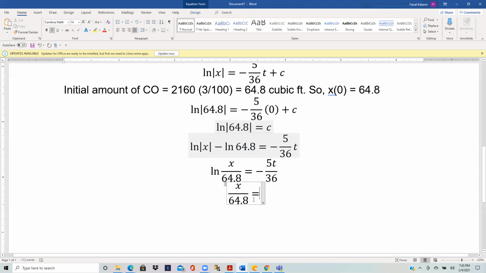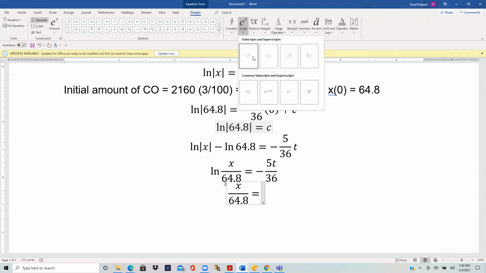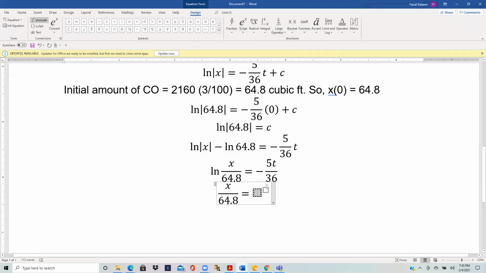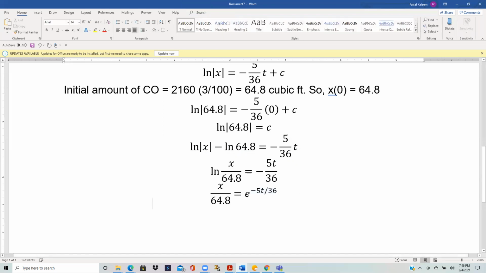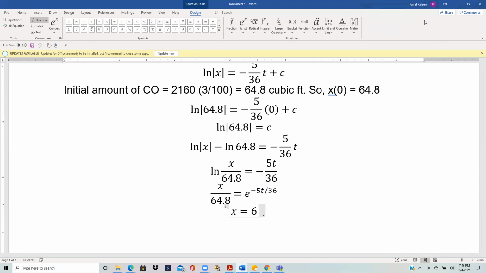Here, it's about equal. So x over 64.8 would be e to the power of the right-hand side, and so x will be 64.8 times this.